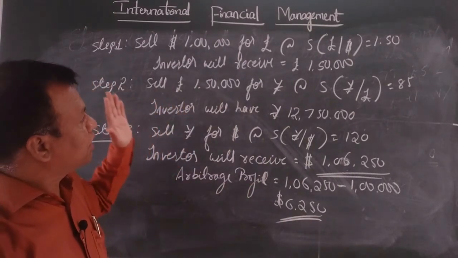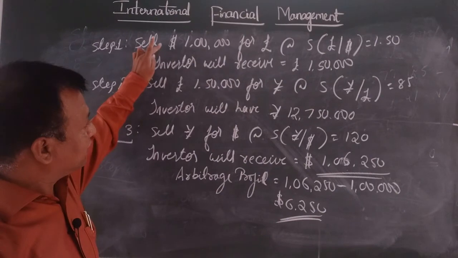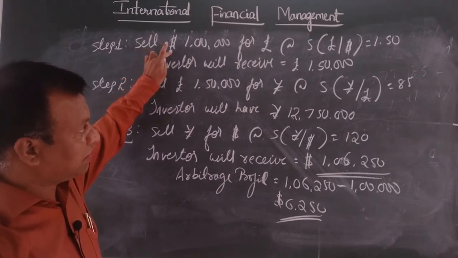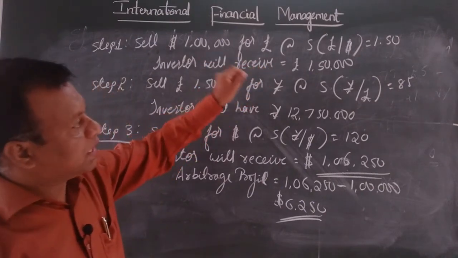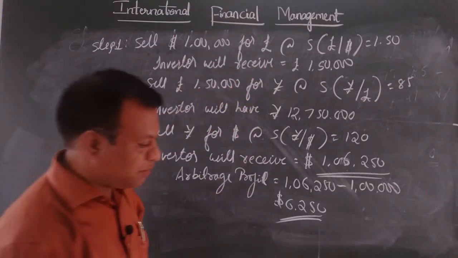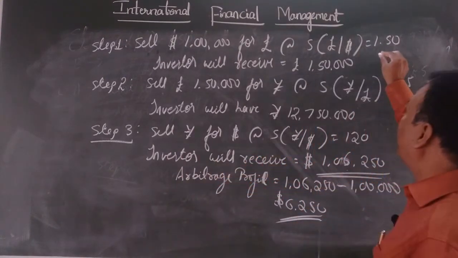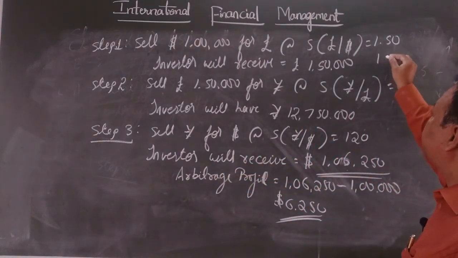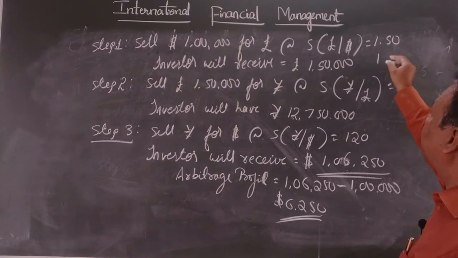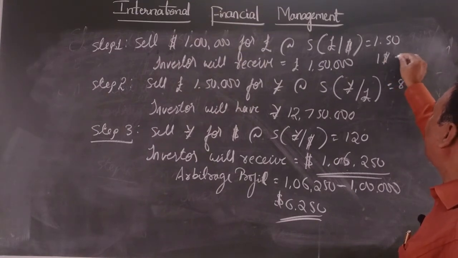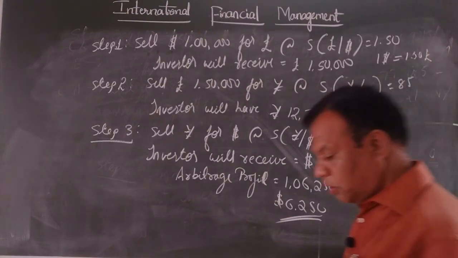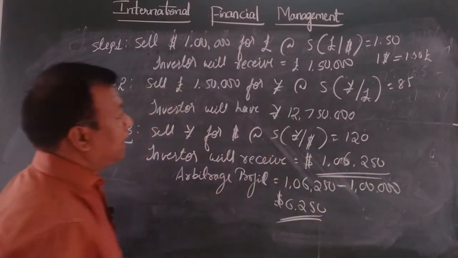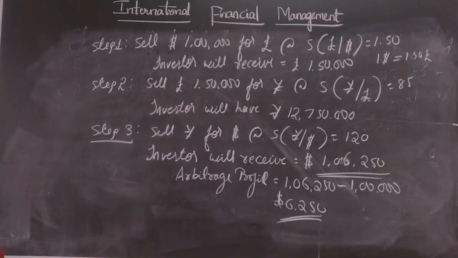So to conclude, the investor is going to sell the first currency, that is dollar. The investor has dollar 1 lakh, which is converted into pound. How do we convert? You should know how to convert also. $1 is equal to 1.50 pound, so for this $1 lakh we'll have 1,50,000 pound.